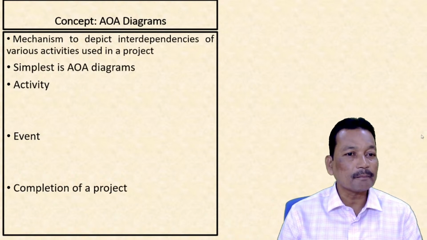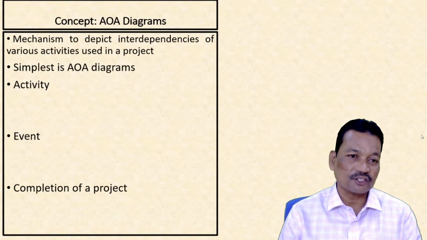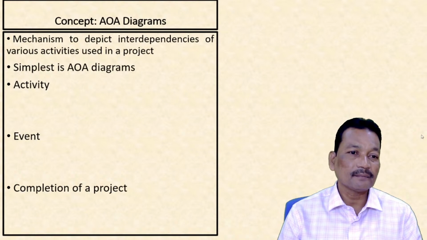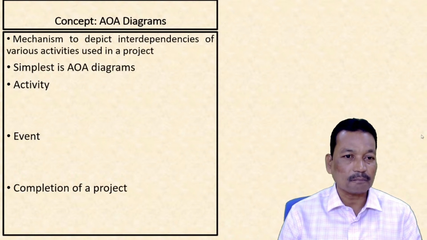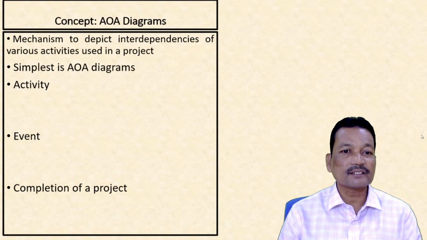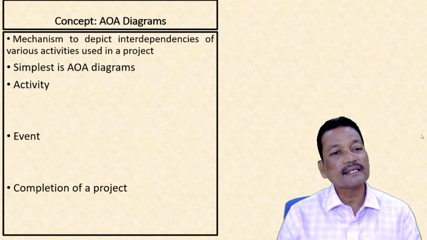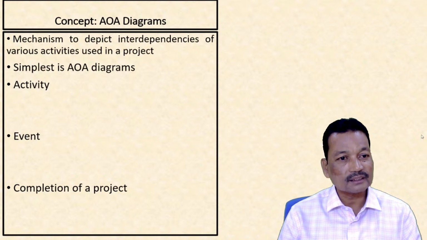We have seen in the WBS, work breakdown structure, in the last class that a total work can be broken down into small components, and each small component combines together to form the total. The example we took in the last class was a calculator.